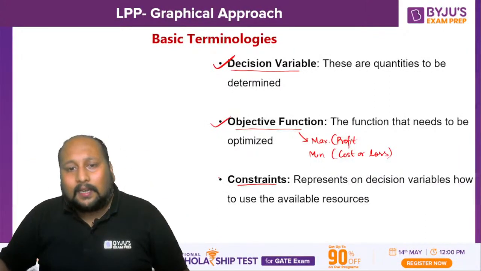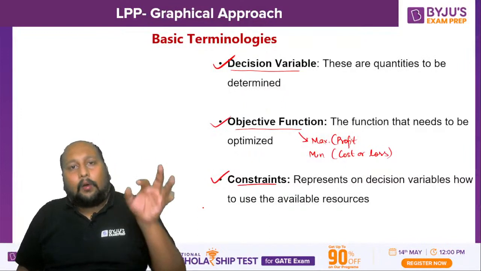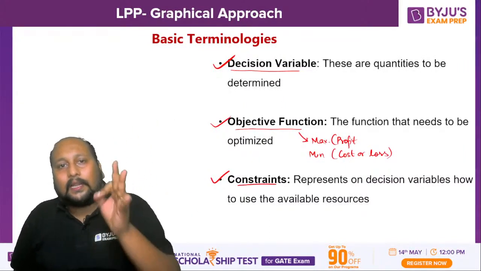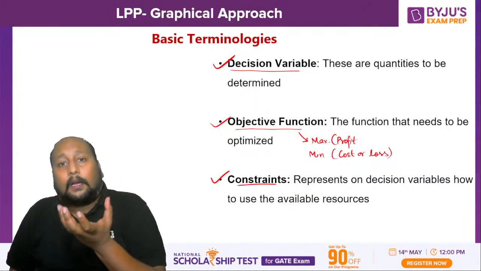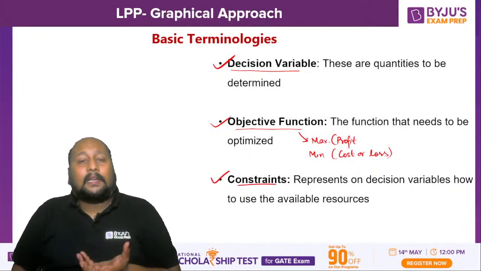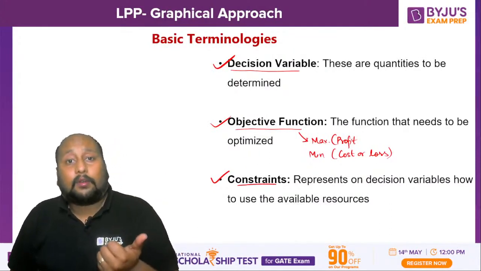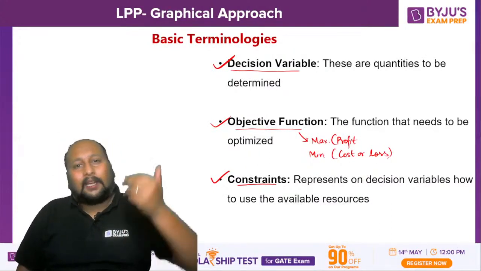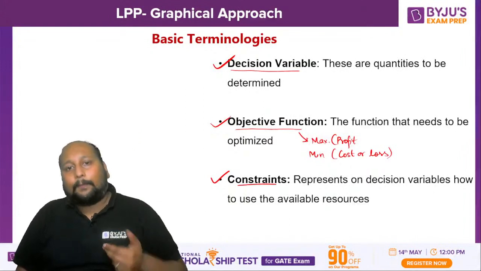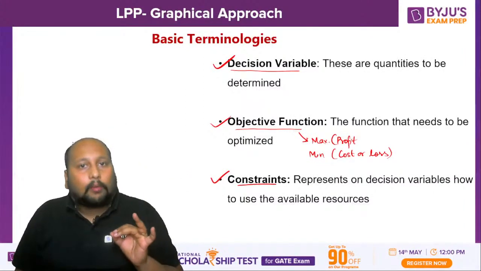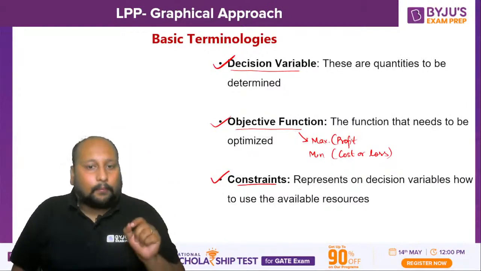So constraints represent how the decision variables are restricted. What is the restriction being made? What are the conditions being defined? It could be based on the production time, or on the raw materials availability, right? So there are various constraints that we can have. Clubbing all 3 basic terminologies, we can easily formulate a linear programming problem.